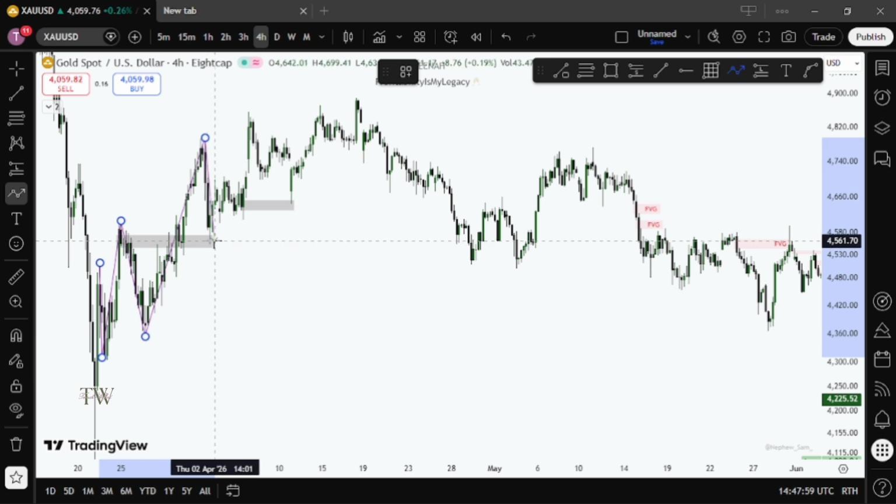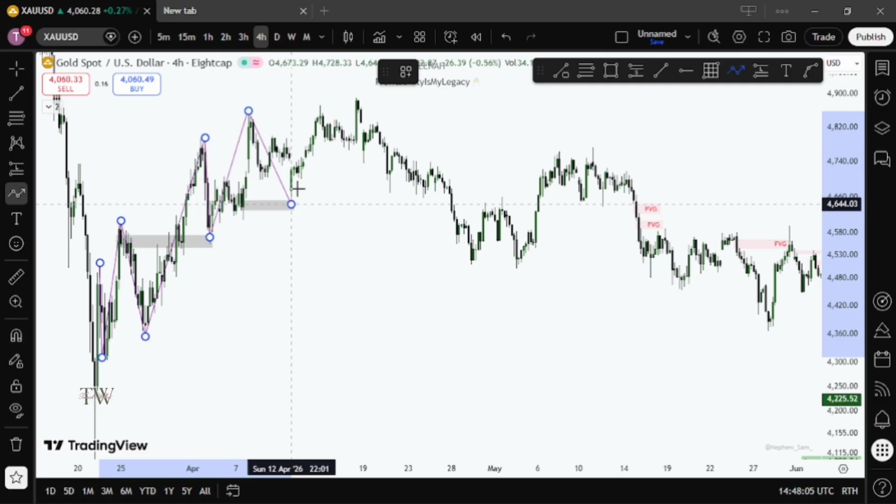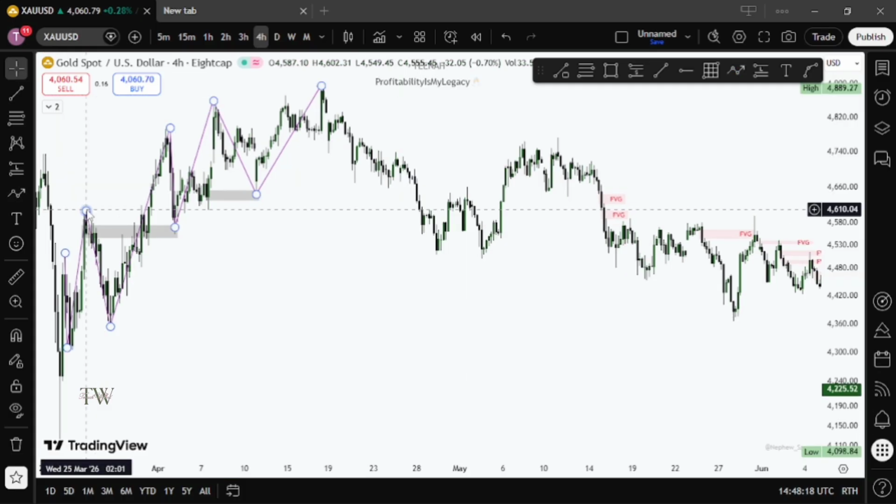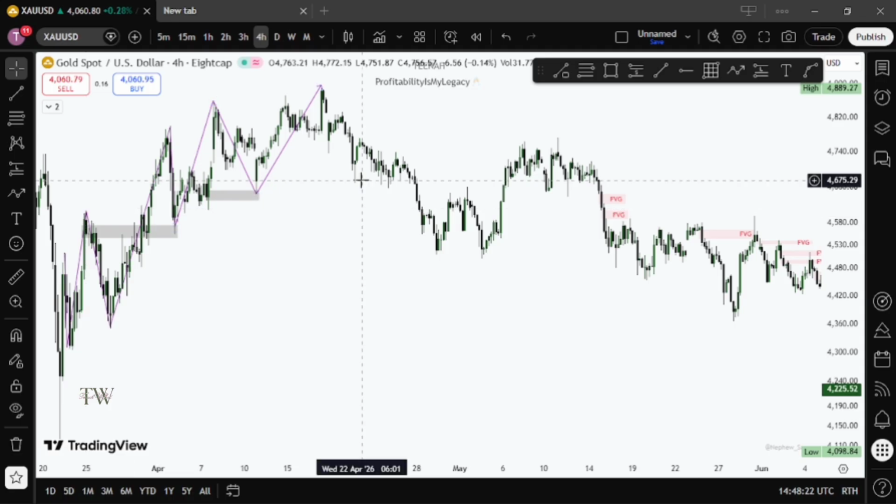Price breaking the higher highs. All right, so you can see this is what an uptrend looks like. You can see the clear break of structures. I don't need to do too much again because of course you can see.